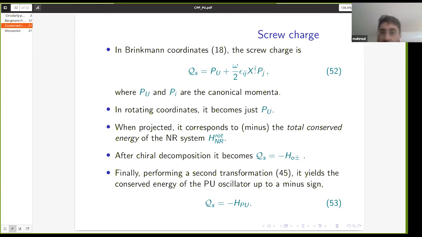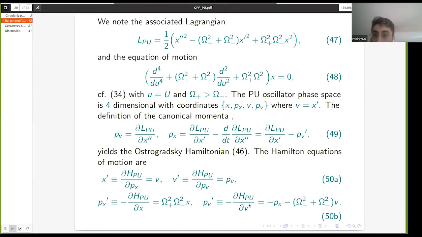At the end, you project it and do these coordinate transformations in the phase space. This screw charge, the charge for the screw symmetry of the gravitational wave, becomes the Pais-Uhlenbeck Hamiltonian, which is time independent, and therefore it is conserved here.